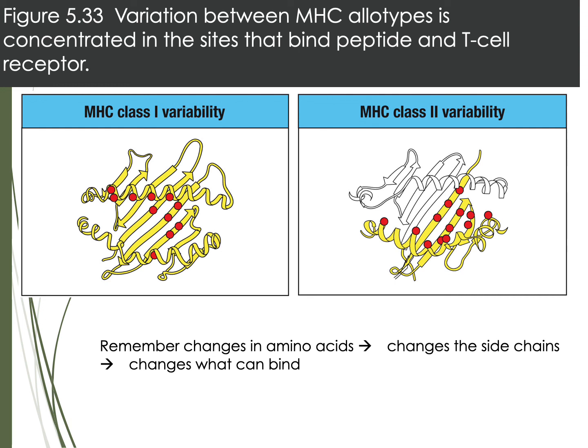So when those change, they change what can be bound. Because again, when you change amino acids, you change the side chains, and when you change the side chains, you change what can bind. And if you change what can bind into the peptide binding groove, you're changing what peptides can be presented to the T cell receptor, right? And so polymorphisms are actually a good thing because they increase the diversity of the peptides that can be presented.